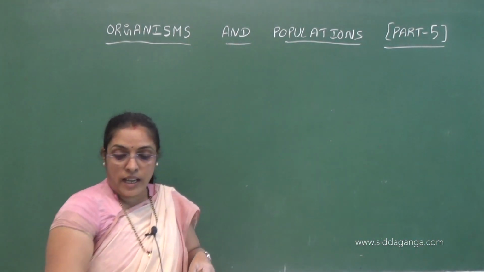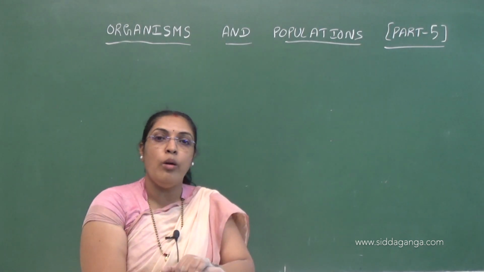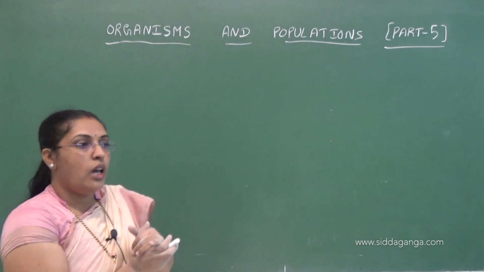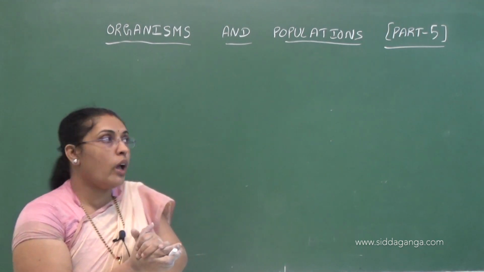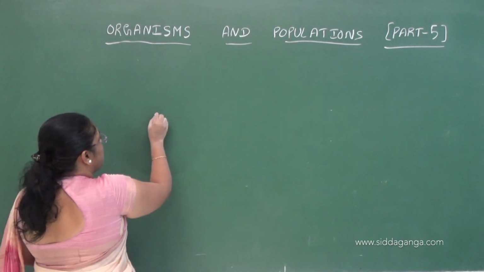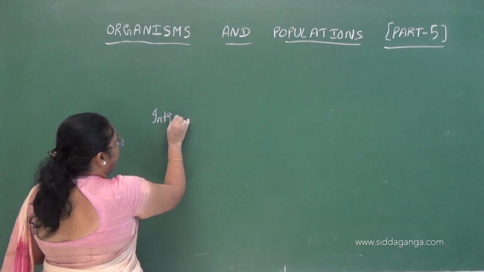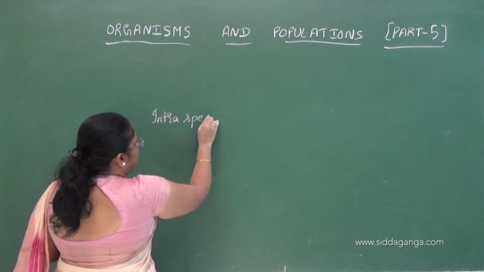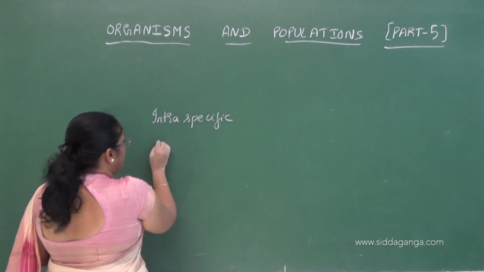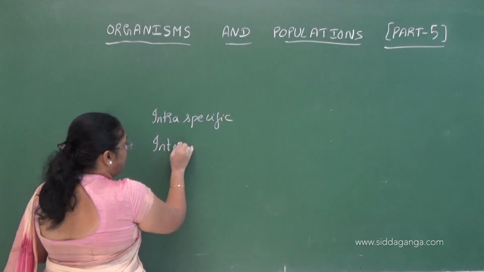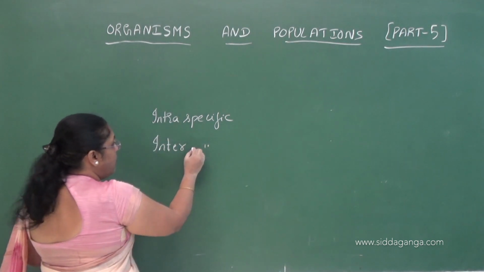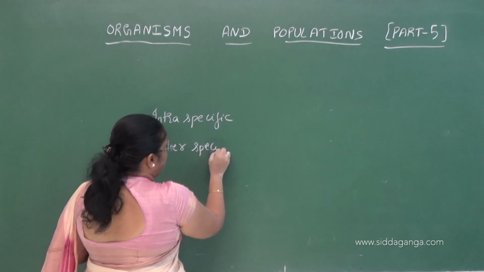So in the next class, we will discuss population interactions. In the interactions, we have two types: intraspecific interactions and interspecific interactions.